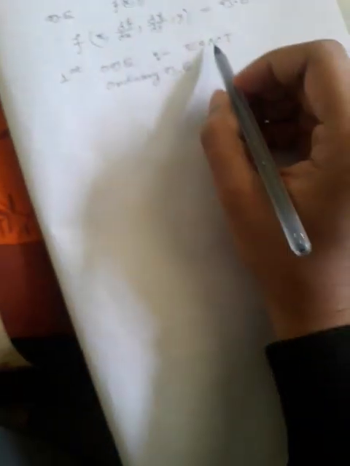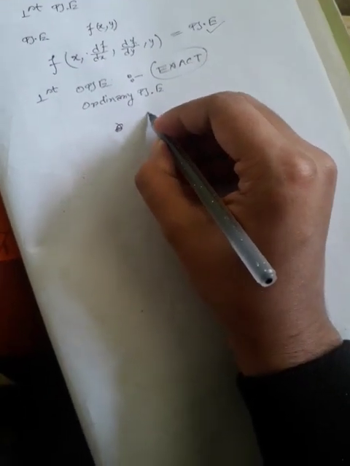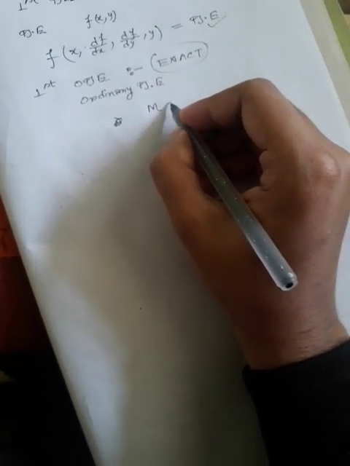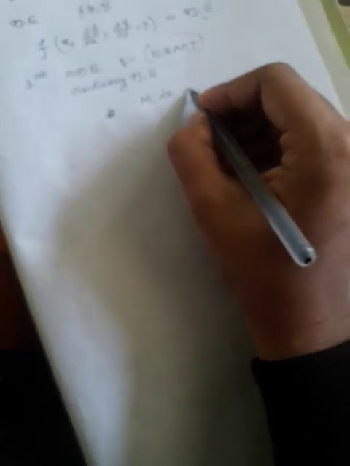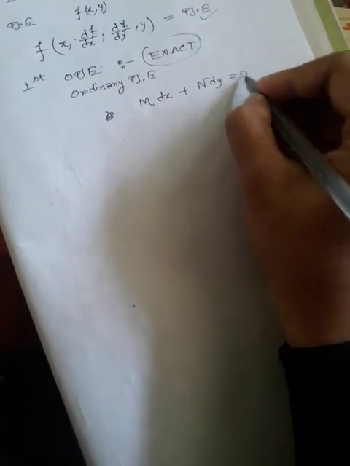So what does this exact form mean? If we have any differential equation that is also an ODE, we have to consider the form of that ODE as M dx plus N dy equals 0.